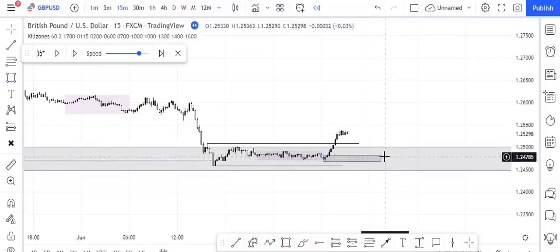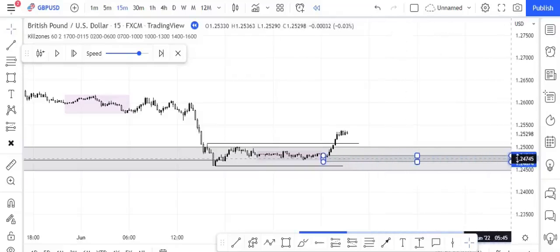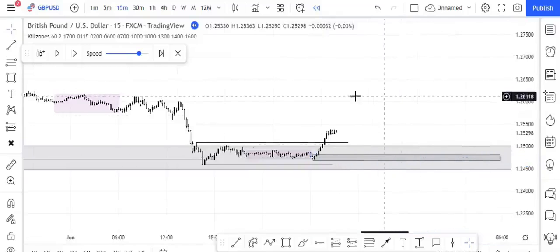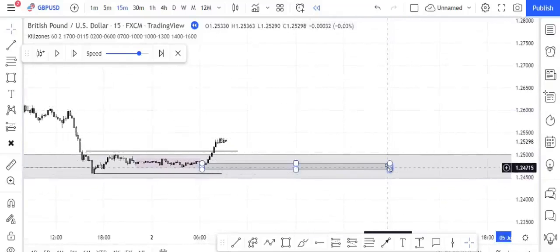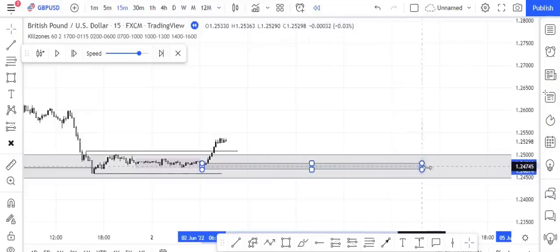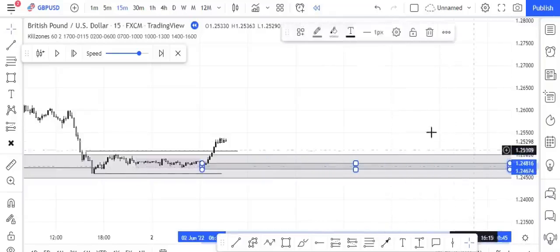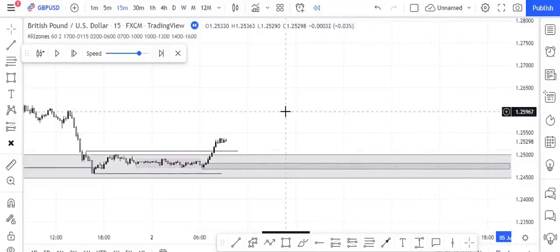So let's try and drag this out, because that is an OB. It's a valid OB. Why is it? Because it has broken structure to the upside. All right, now let's continue to play price.